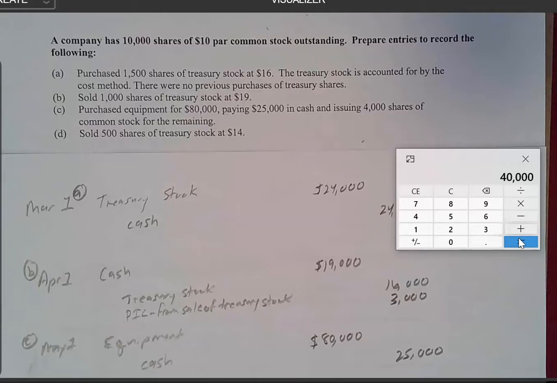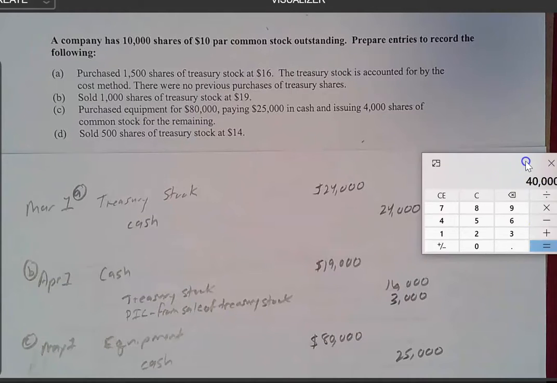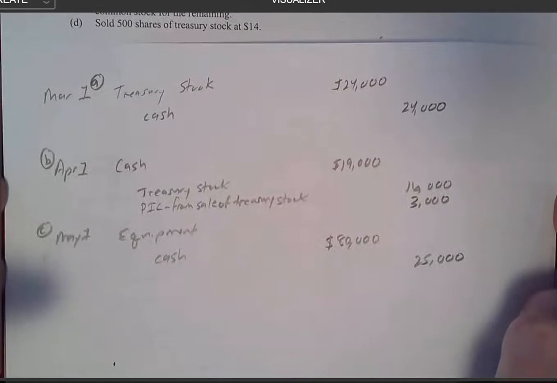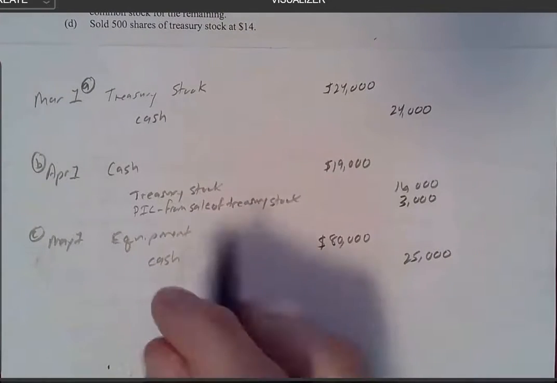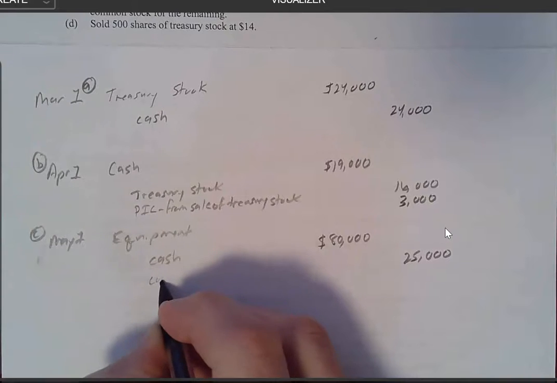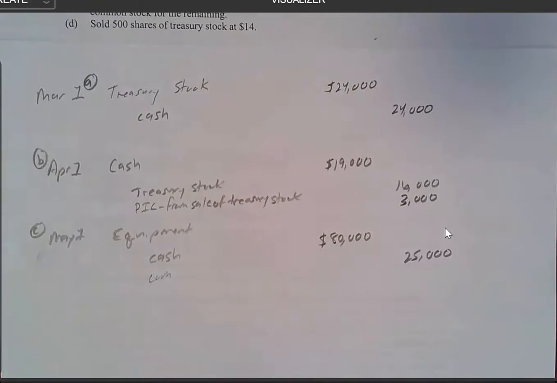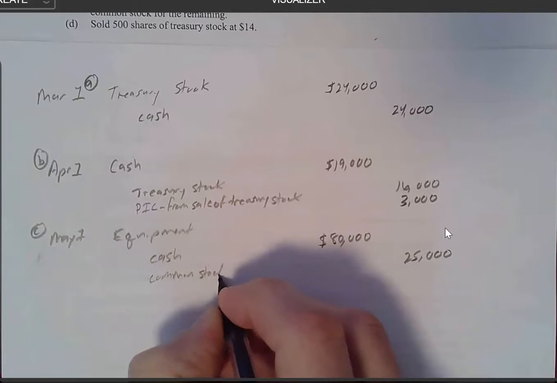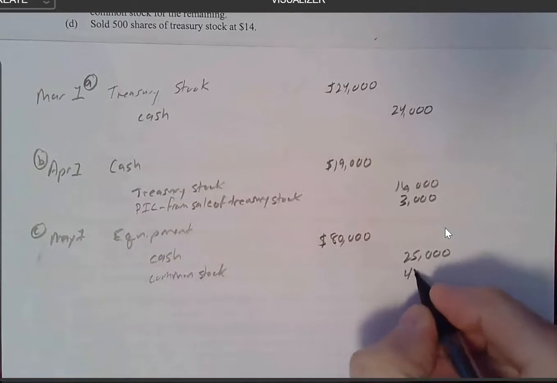Okay, so that's $40,000. So we're going to have an additional credit to common stock for $40,000.